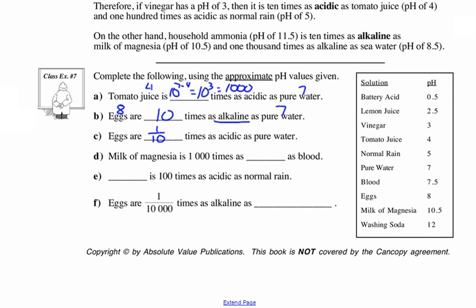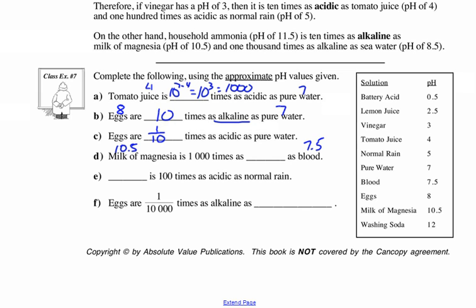So milk of magnesia is 1,000 times as blank, alkaline or acidic. So we need to check. What's the pH of milk of magnesia? It's 10.5. And what's blood? 7.5. Okay. So is it more basic or more acidic?